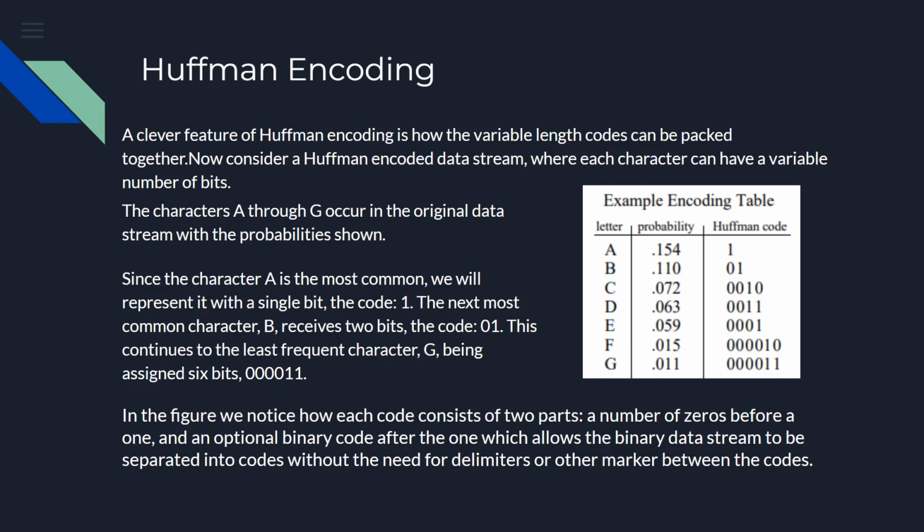Since the character A is the most common, we'll represent it with a single bit, and the next most common character is B, which will use 2 bits. This continues to the least frequent character G being assigned 6 bits. So the character with the highest probability is assigned a Huffman code with the least number of bits. As shown in the table, the variable length codes are resorted into 8-bit groups. This is the standard which normal computers use.